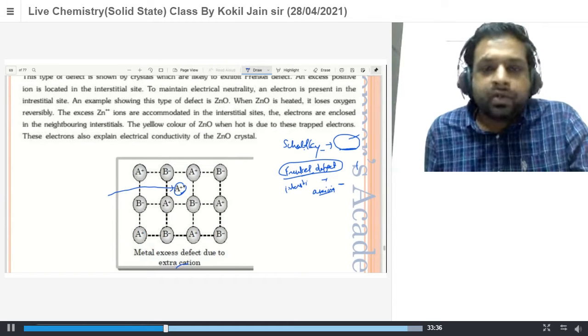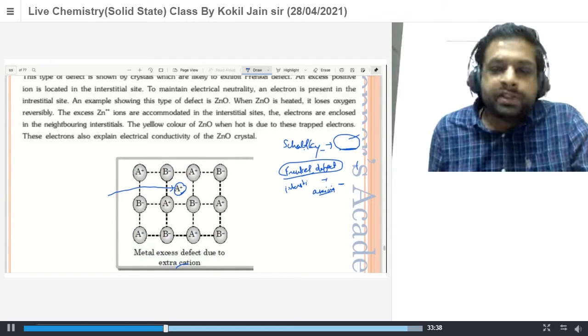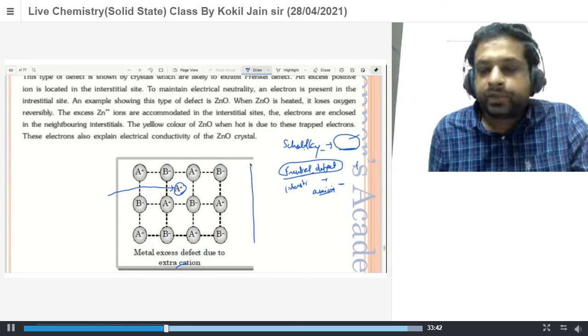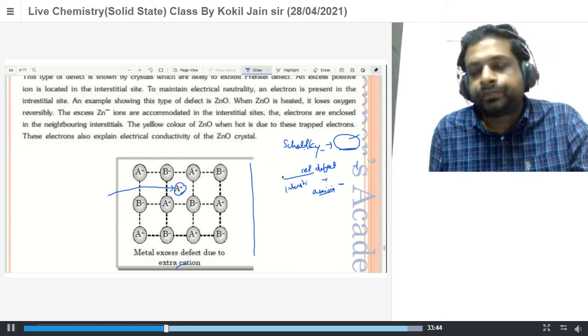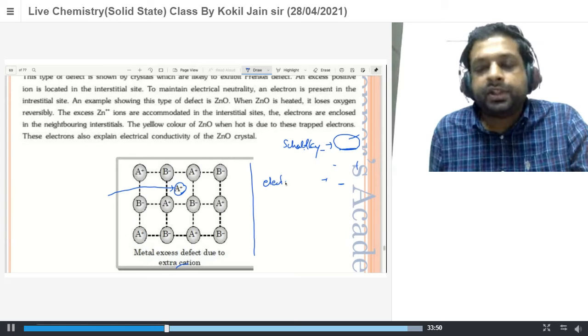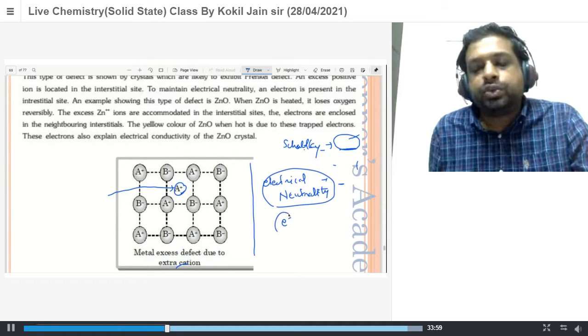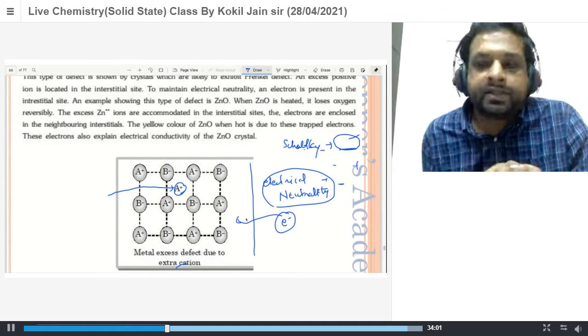Okay. Now, what happens here to maintain the electrical neutrality? To get the electrical neutrality, one electron is going to come inside this lattice here.